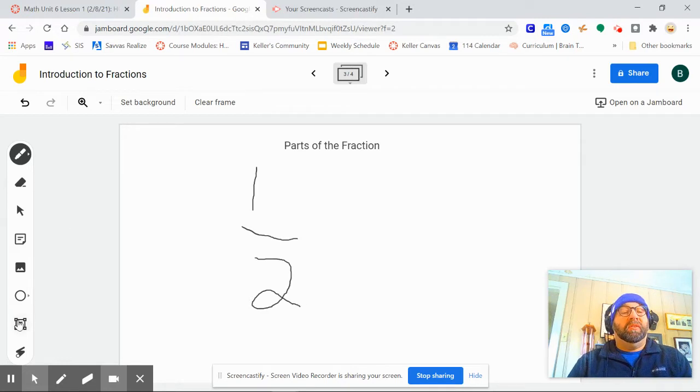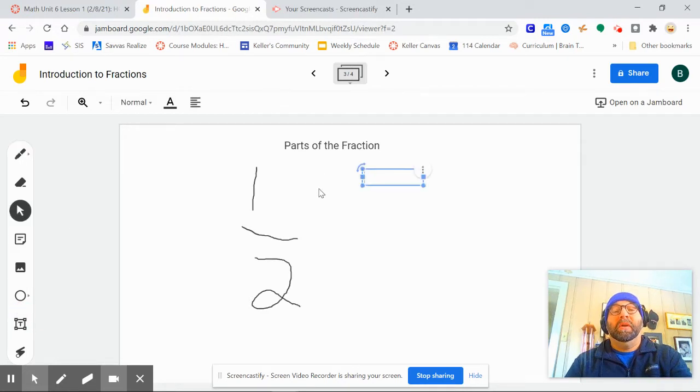So the top number is going to be called the numerator, and that's the number that goes on top. The bottom number we call the denominator, and those are the two different parts of the fraction.